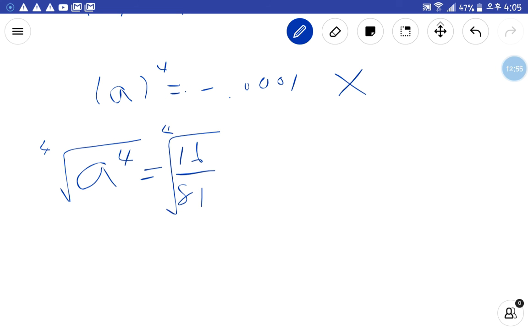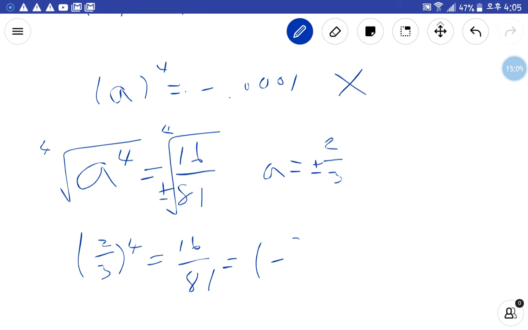As we did, you always put the plus or negative because 2/3 to the fourth power is 16/81. Similarly, if you have negative 2/3 to the fourth power, you still have 16/81. So your answer this time, 2/3 and negative 2/3, these two numbers are the real fourth roots of 16/81.